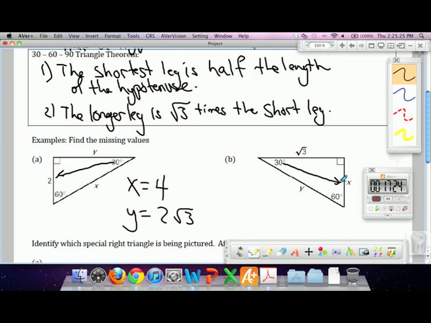So what times root 3 is the square root of 3? 1. 1 times root 3 is the square root of 3. Therefore, x is 1. If x is 1, what's the hypotenuse? If x is 1, then y is twice of that, which is 2.